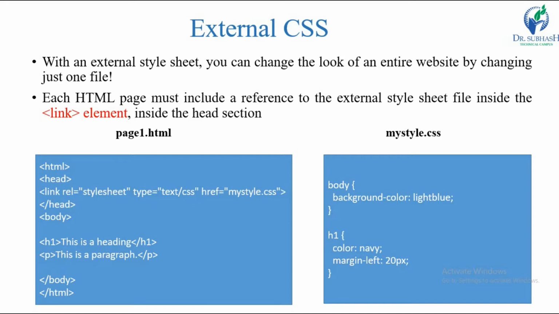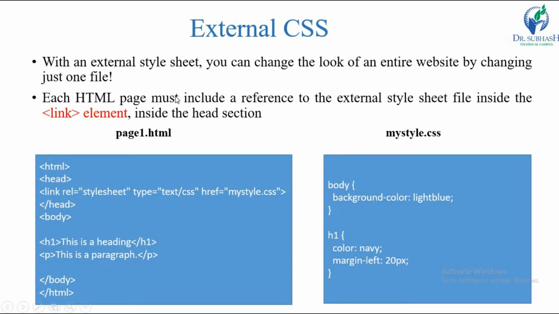To avoid that, there is external CSS, where you write a common code that is going to be applied to each and every page in a separate file, and that file is saved with the extension .css, and that file is going to be linked with your HTML file.